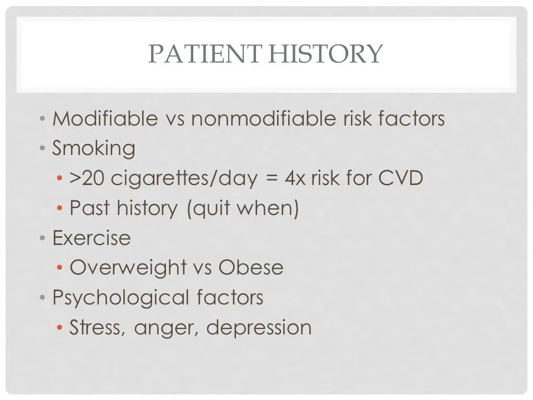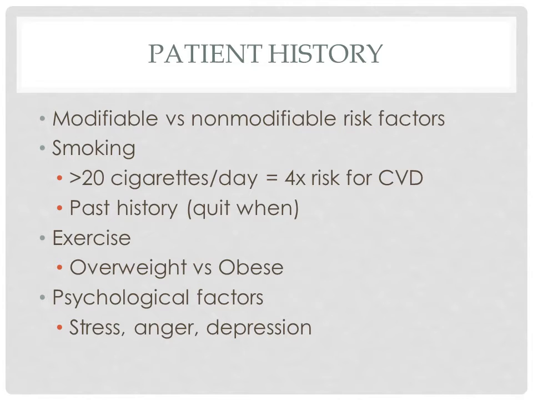Exercise. You want to look at overweight versus obese. Your overweight population is those with a BMI of 25 to 30. Your obese population has a BMI greater than 30. Some psychological factors do increase the risk of heart disease.